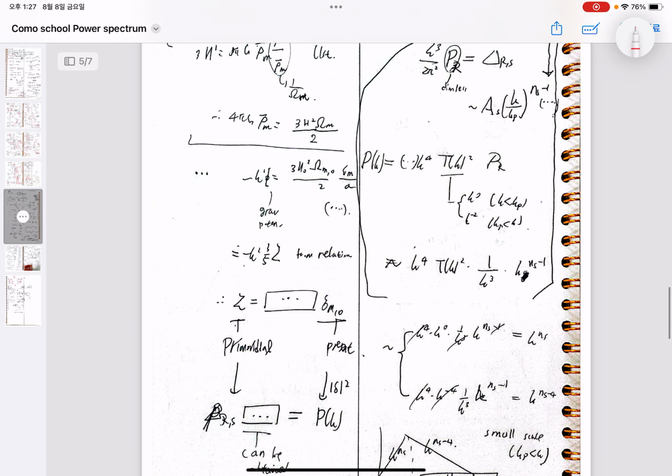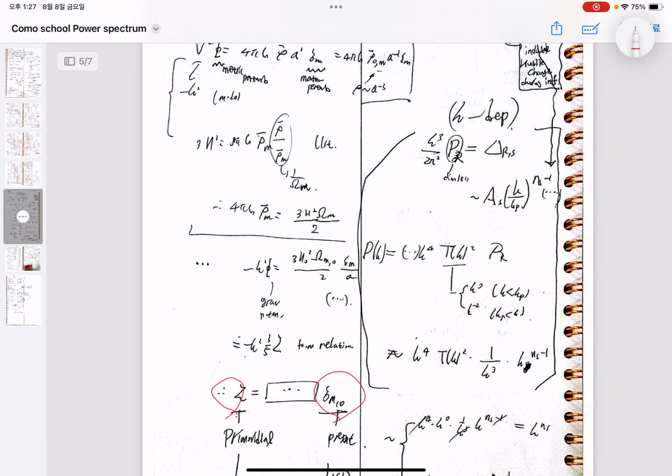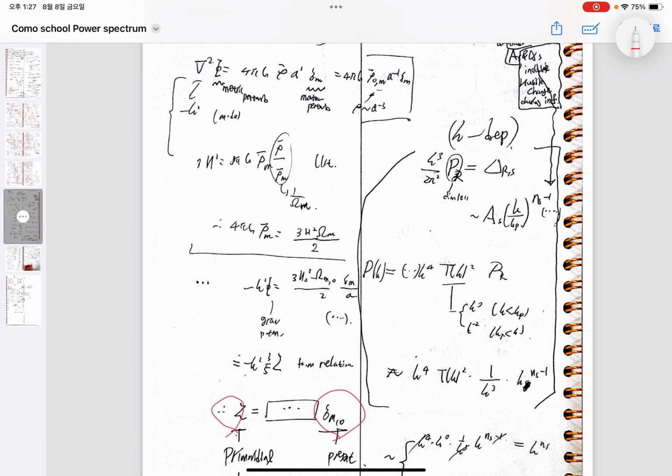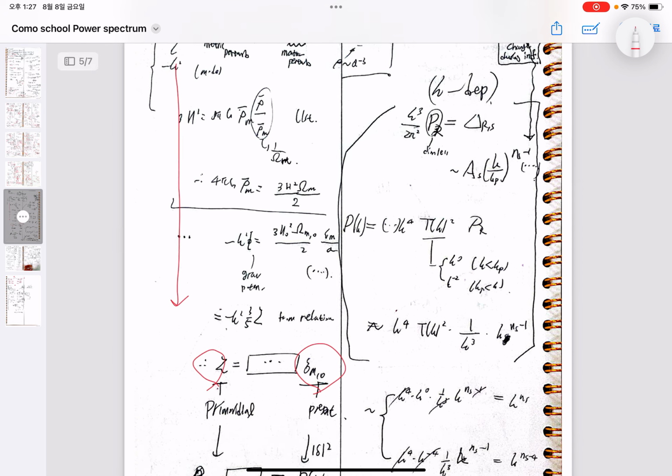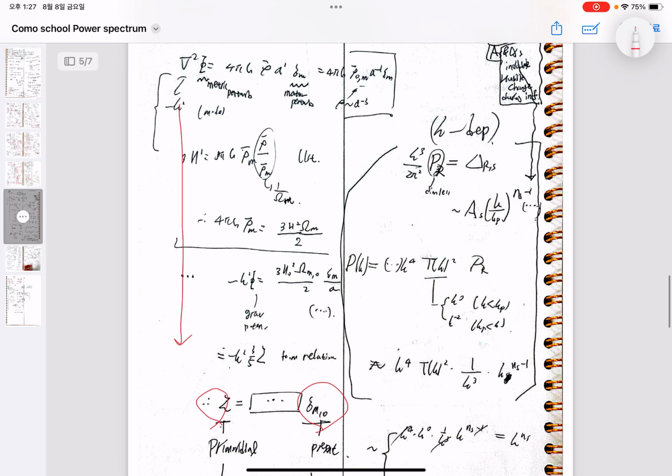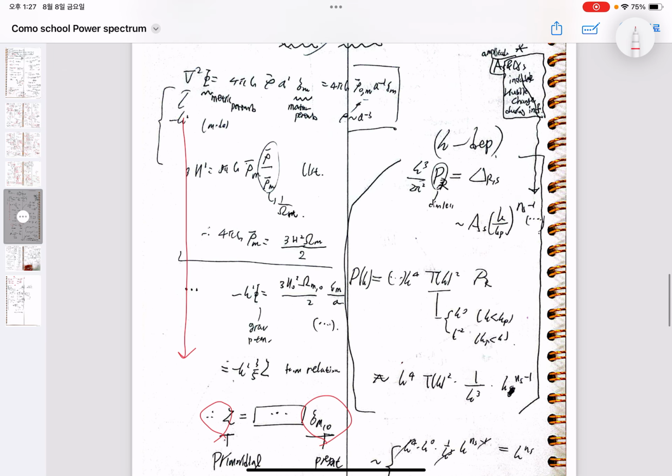We can obtain the relation between the primordial one and the present one from the cosmic equation, with some of the derivation and the relation of it. And now here is some of the k dependence of the power spectrum.